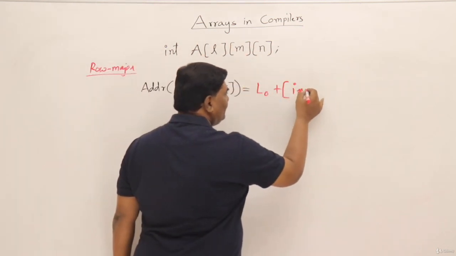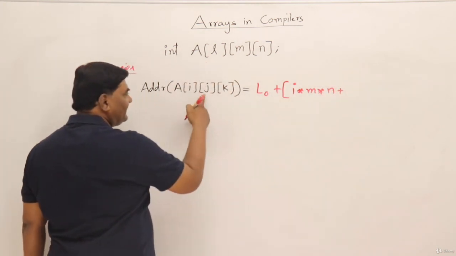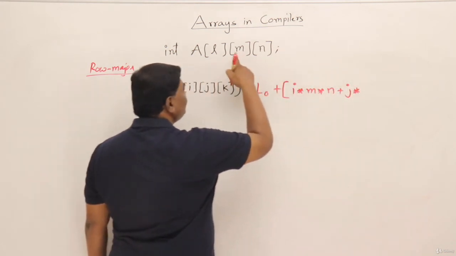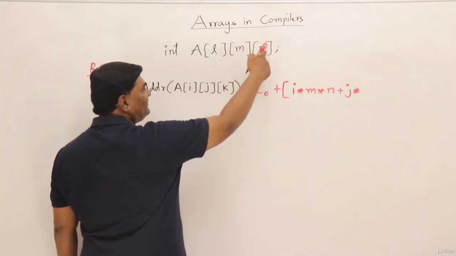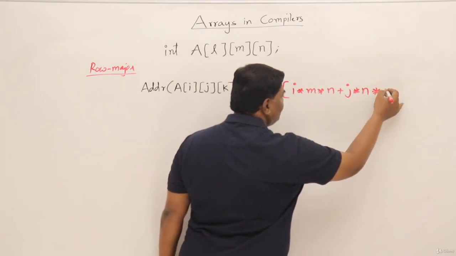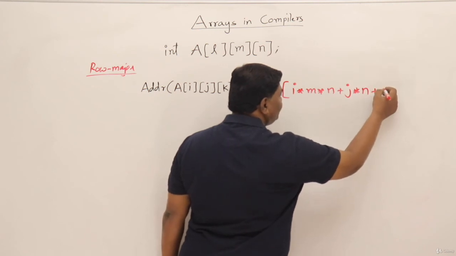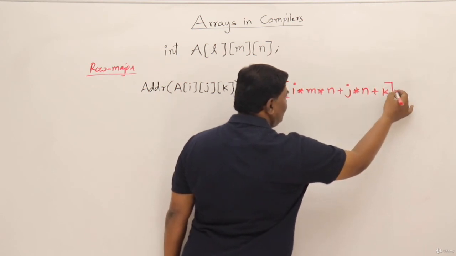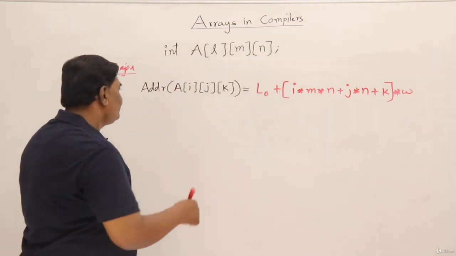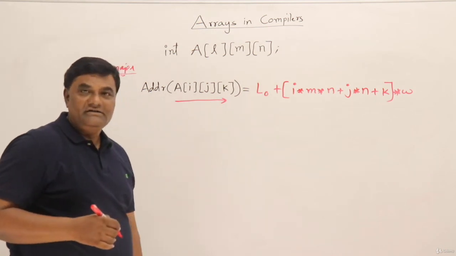So I into M into N plus second dimension, that is J into, so J is for the second dimension, so multiplied by the third dimension, that is N, plus K, and this was the last dimension, so multiplied by W. So K is the last index. So we have prepared a formula by moving from left to right.